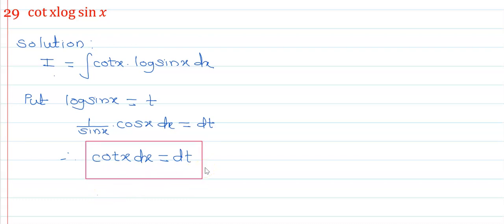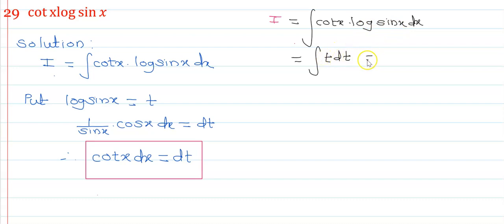Now our integral I is equal to the integral of cot x times log of sin x dx. Cot x dx is dt, and log of sin x is t. Therefore, the integral of t dt is t square upon 2 plus c.